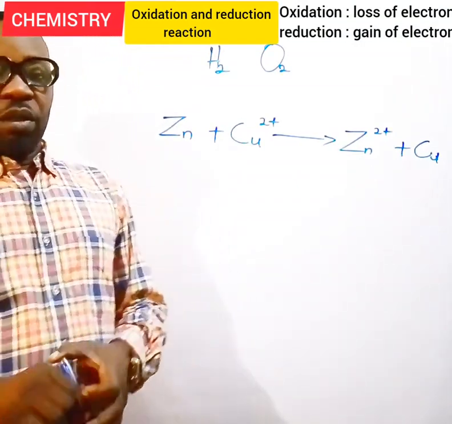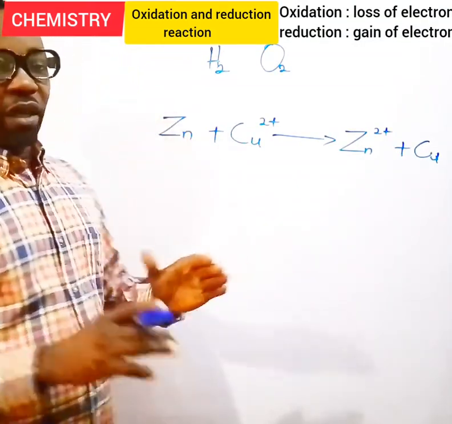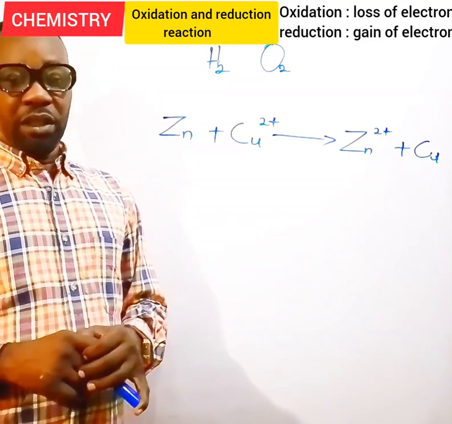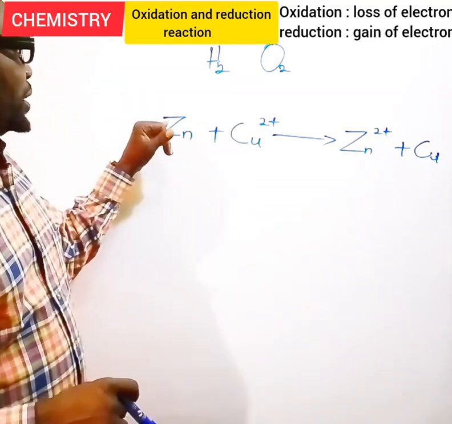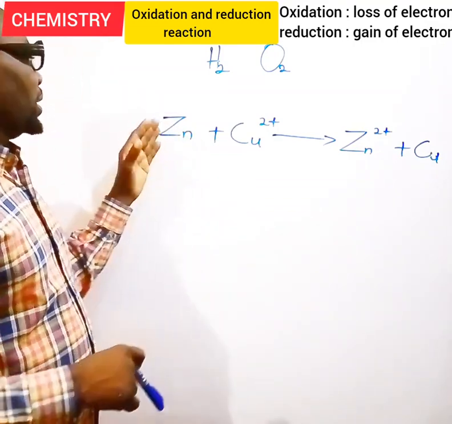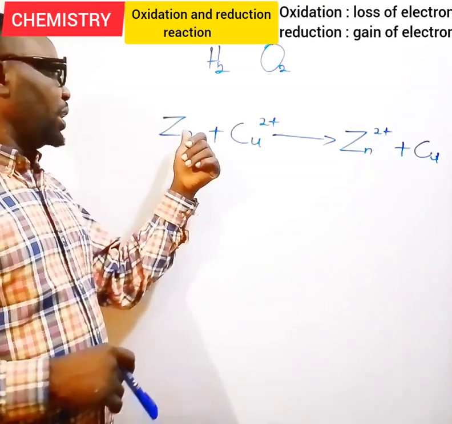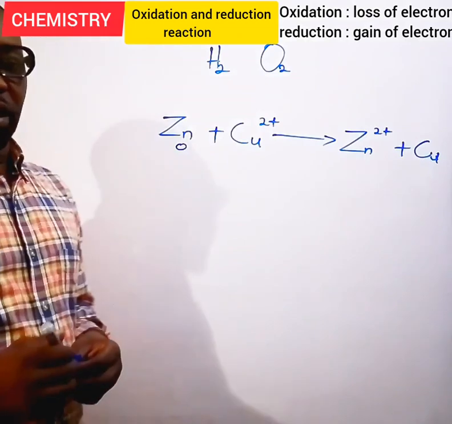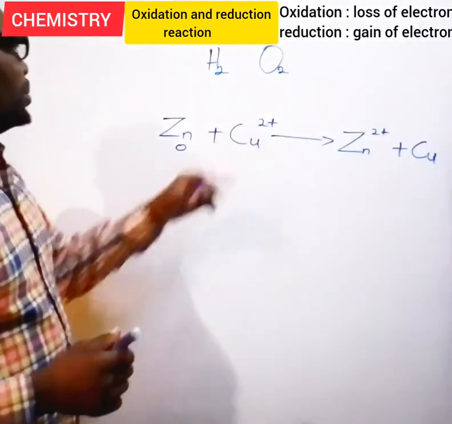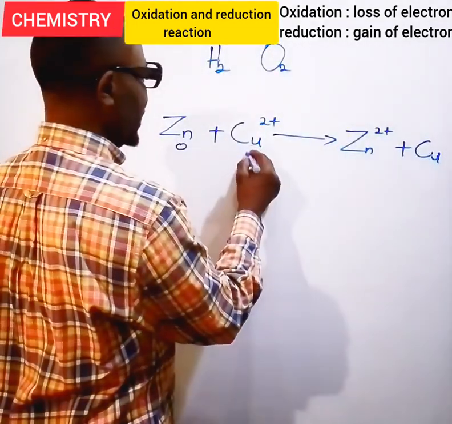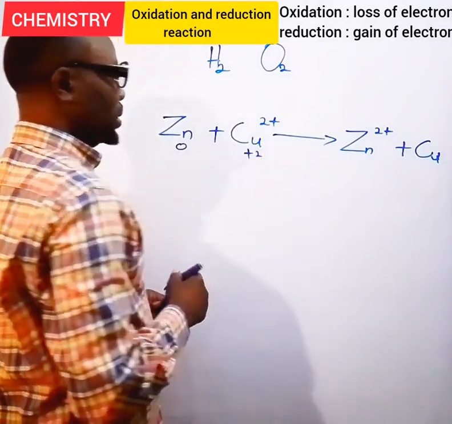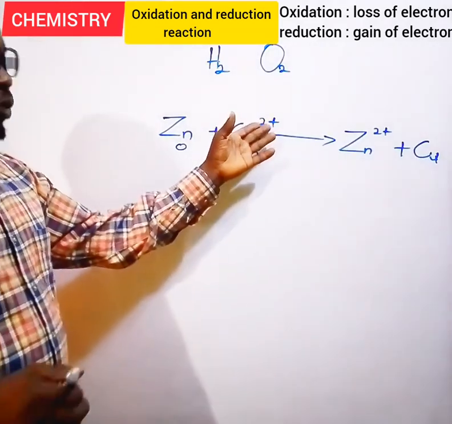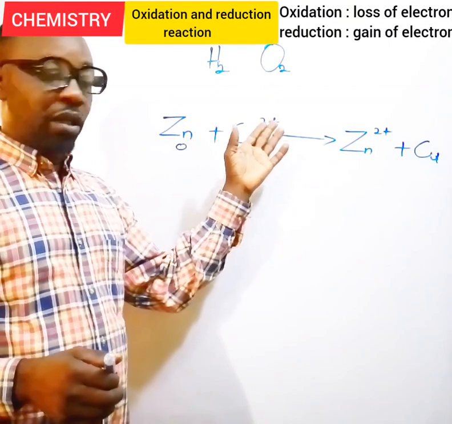Now, this is obvious from what I have given you so far, that the oxidation number of this zinc here is 0. The oxidation number of this copper here is plus 2. You can see it is what we have written there, the ions.